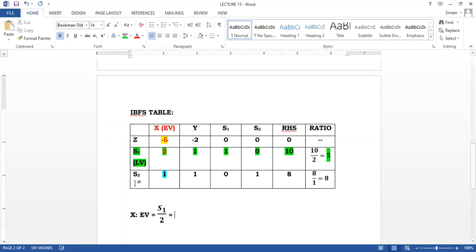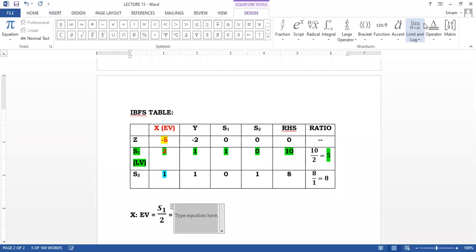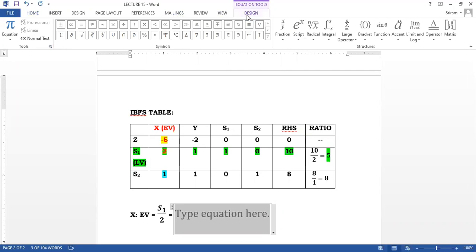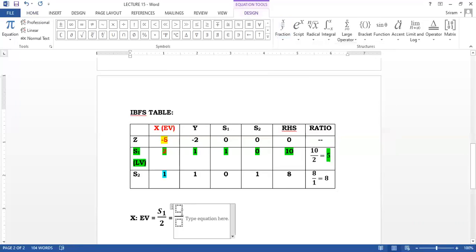The meaning is that I am going to take the numbers and divide them by 2. So what are all the numbers? The first number is 2, so this is 2 divided by 2.